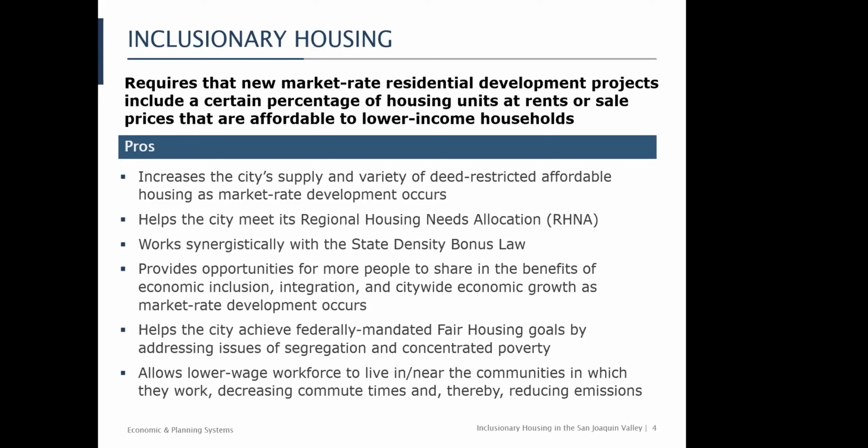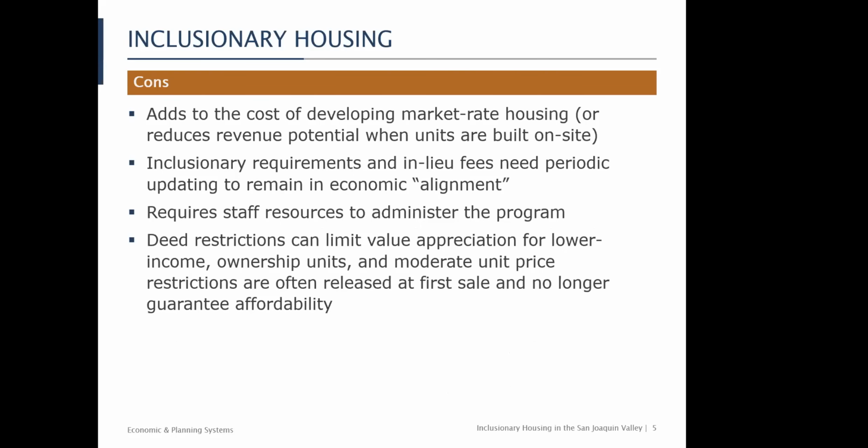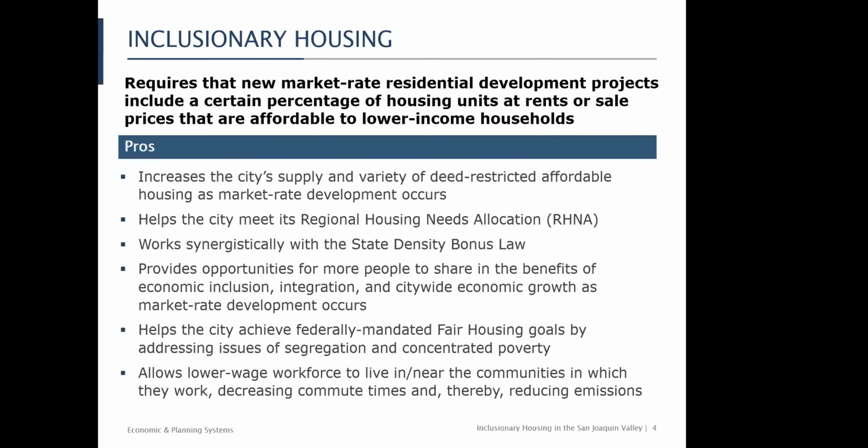And there are pros and cons to inclusionary housing, depending on your perspective. In the pro column, it increases the supply and the variety of deed restricted affordable housing as market rate development occurs. So there's a pacing that is concurrent with market rate development.